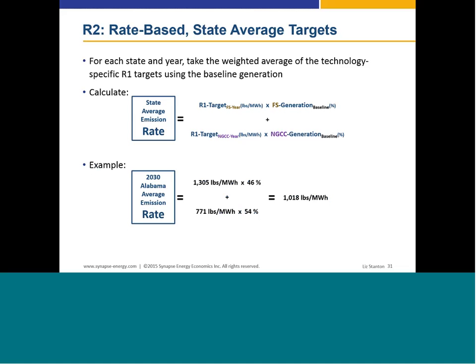It could also instead choose R2 to comply using the rate-based state average targets, and in that case, all of the fossil steam and NGCC units in Alabama would need to meet the 1,018 pounds per megawatt-hour standard. And that's going to be different state to state.